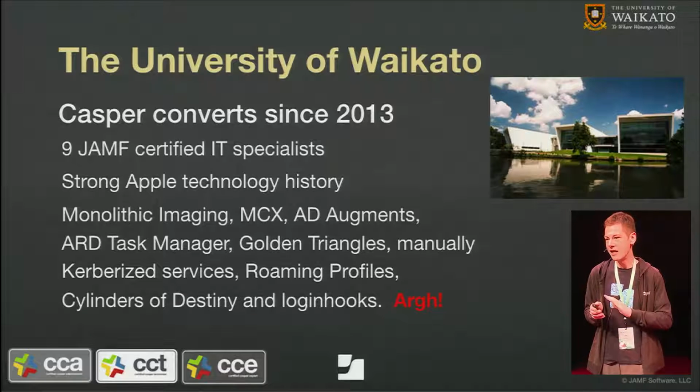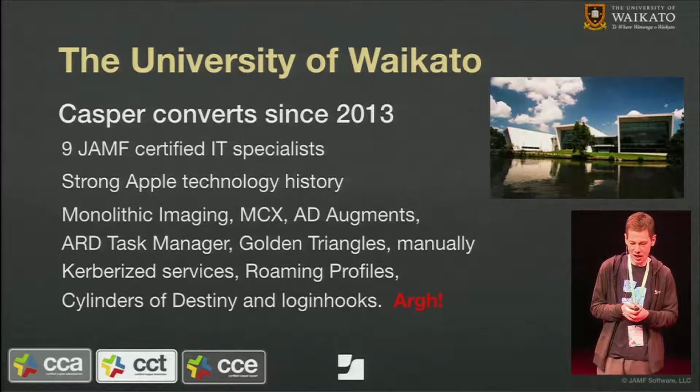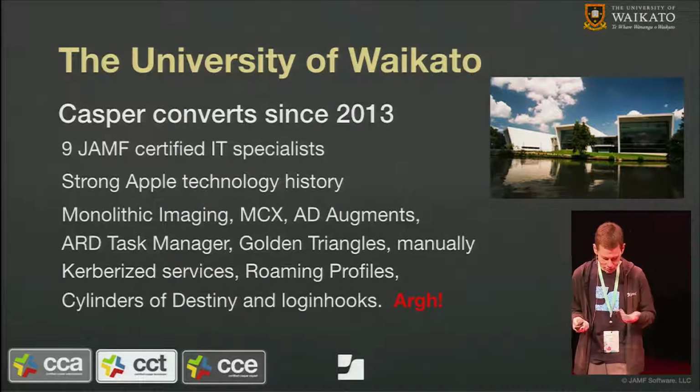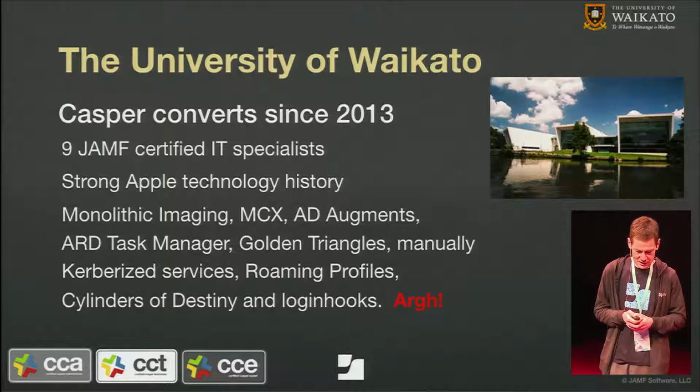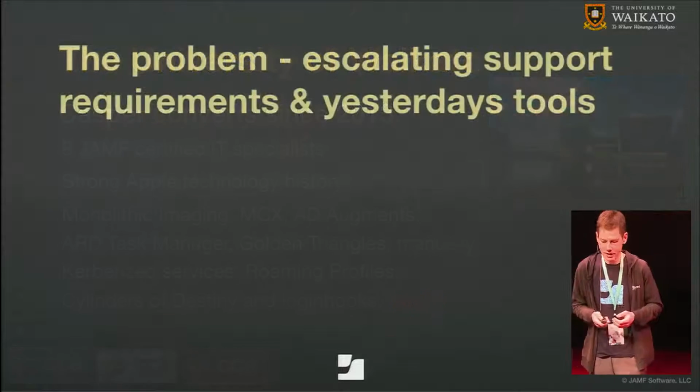Yeah, so we've got a big history managing Macs using all kinds of wonderful and terrible technologies, all of which we've now abandoned because we don't need them anymore, except for Active Directory, to my everlasting horror. We're now exclusively doing everything in Casper Pro.